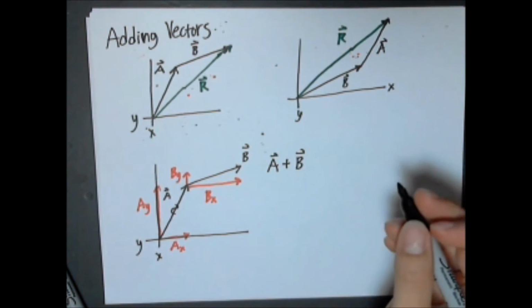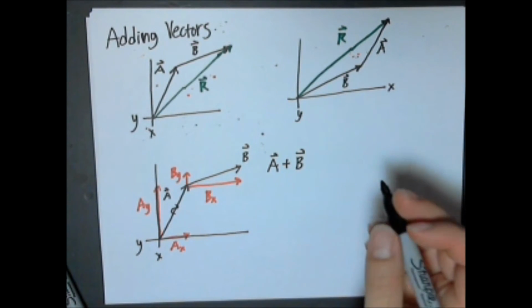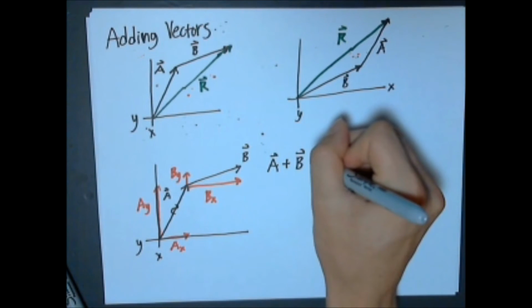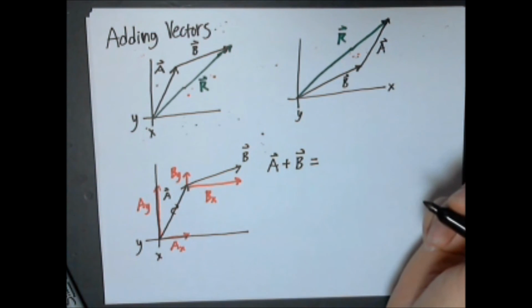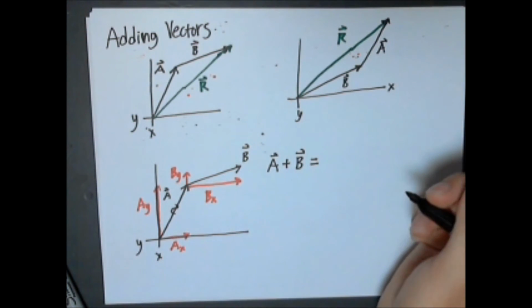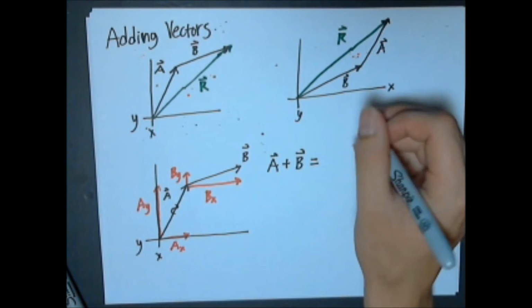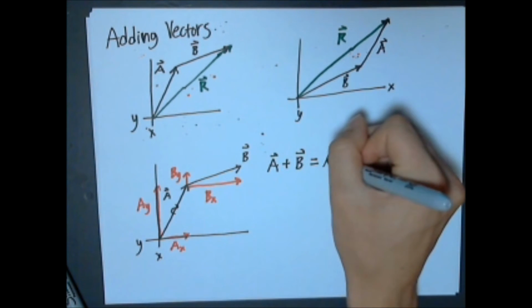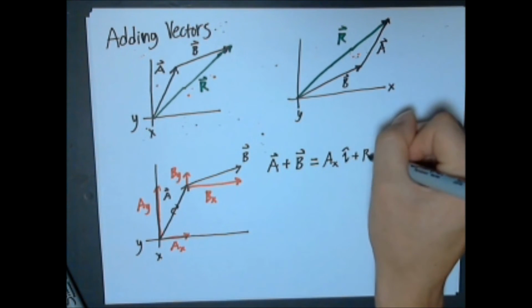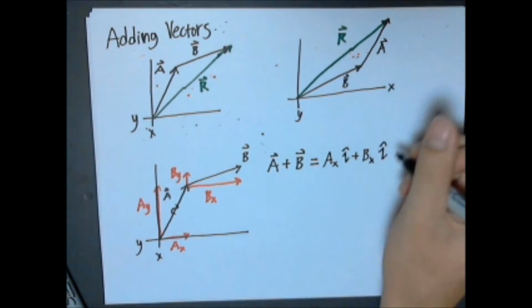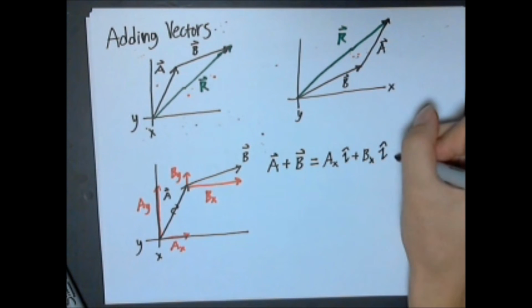To do this, we just simply have to add their components. And we have to remember to use the i hat, j hat, k hat nomenclature that we introduced earlier. So we'll say a sub x i hat plus b sub x also i hat because they're on the same x dimension.